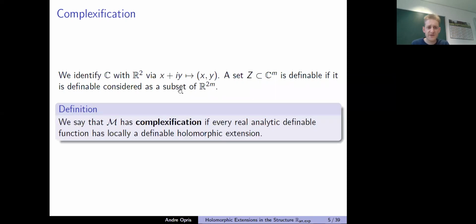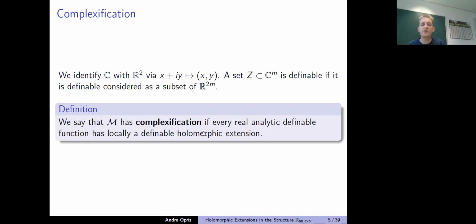And then we say the following. We say that this o-minimal structure has complexification if the following holds: every real analytic definable function has locally a definable holomorphic extension. So take the domain of this function, take a point, and then you find for this point an open neighborhood such that the restriction of the real analytic function onto this open neighborhood has an extension which is holomorphic.